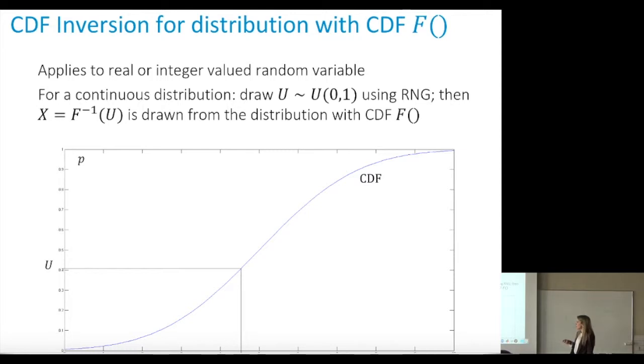We put u on the y-axis, which is between 0 and 1, because this is a probability. Then we have that f of x should be equal to u, and we solve for x by taking the inverse of f, and it will be here. Okay? So we take this x value as a sample from the random variable that follows the distribution f using a random number generator.